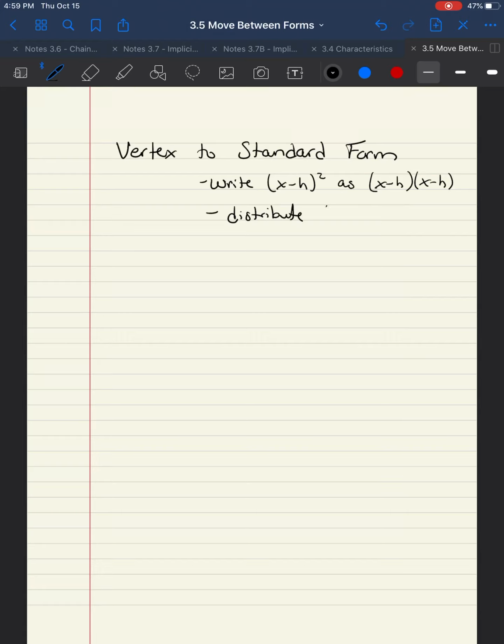Then from here, it's the exact same steps as it was for intercept to standard form. We're going to distribute the 2 sets of parentheses. Then we'll distribute the a, and finally combine like terms.